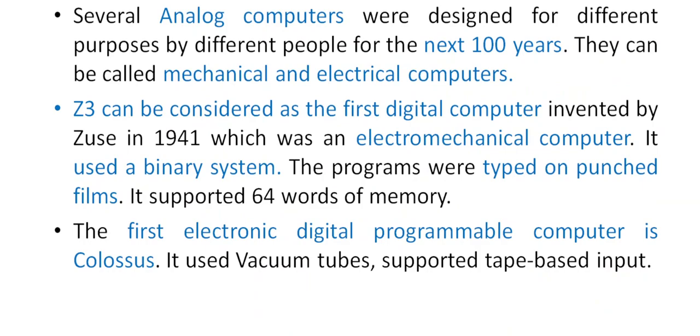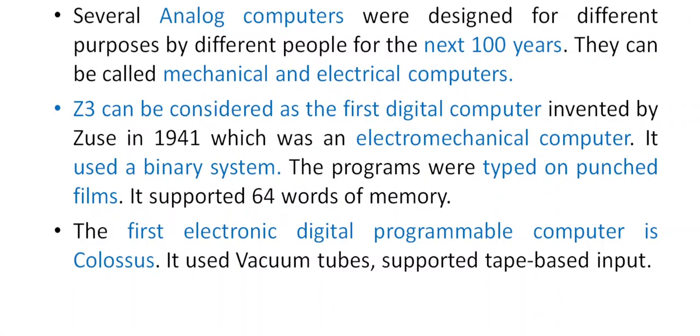Next, several analog computers were designed. The first digital computer was Z3. It was an electromechanical computer and it used the binary system, that is, everything in the computer is represented in the form of ones and zeros.